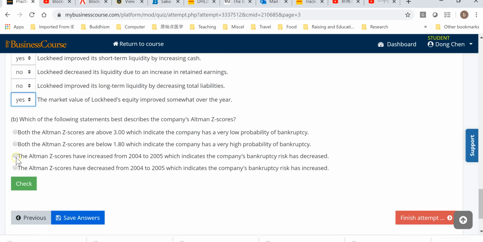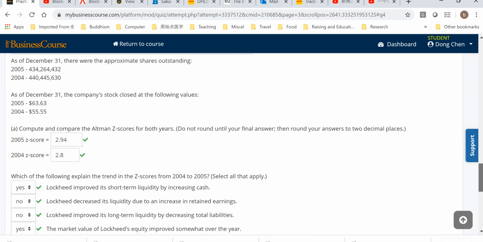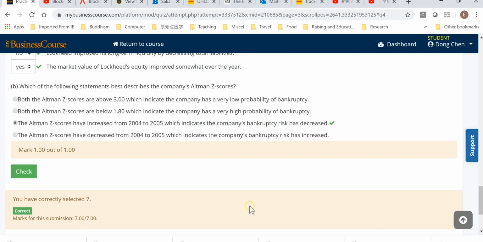So this does seem to be the correct statement. Just to be sure, let's check the last one: the Z-score has decreased. That's obviously not correct. So let's check our final answer. Very good. I got 1 out of 1 point, which is very good. 100% correct.